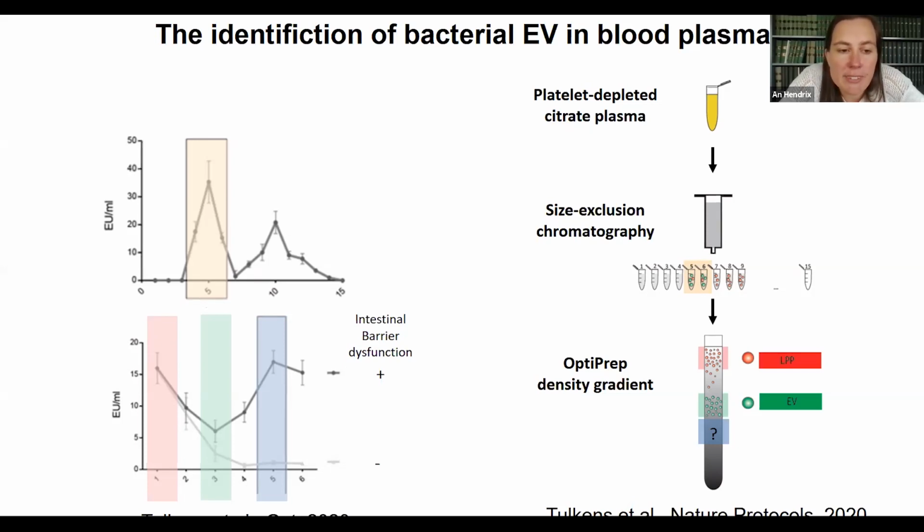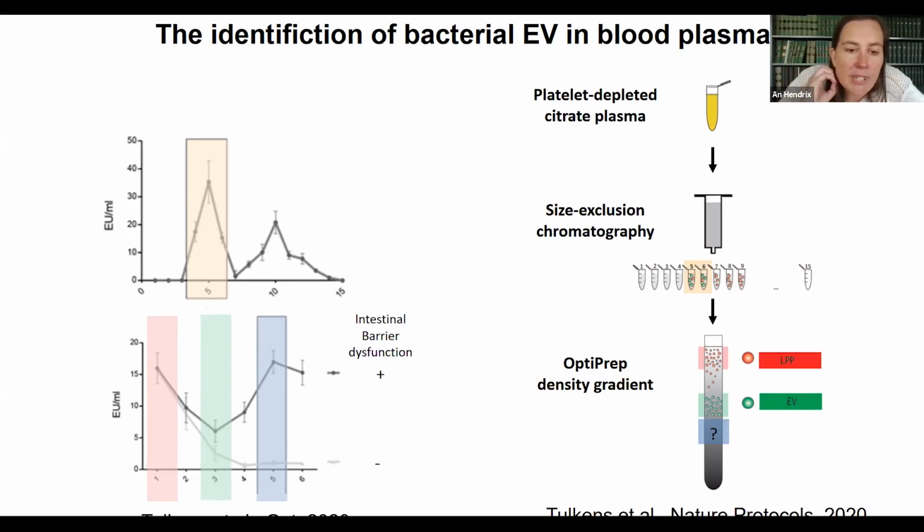LPS is indeed known to be neutralized by lipoprotein particles, including HDL and LDL. Secondly, we observed a peak in a density fraction that is much higher than the density where we identify the eukaryotic extracellular vesicles. So this again further supported the assumption that we have bacterial extracellular vesicles.